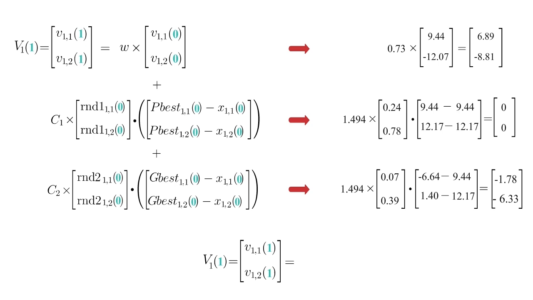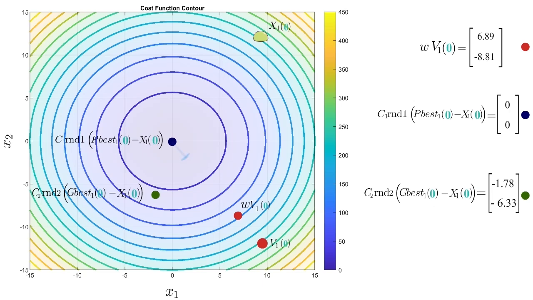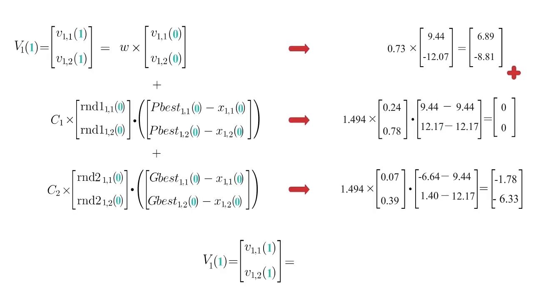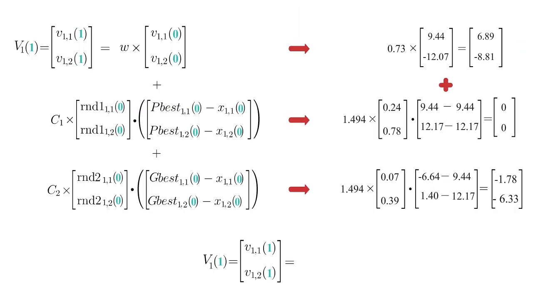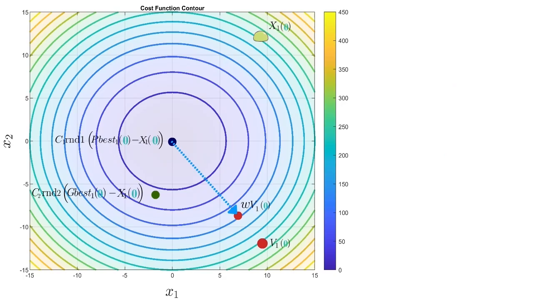Now, we can observe the process of combining these three components as a vector. Momentum vector plus cognitive component plus social component.